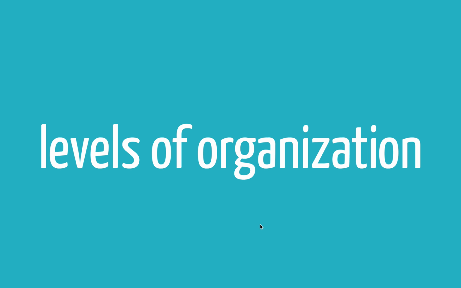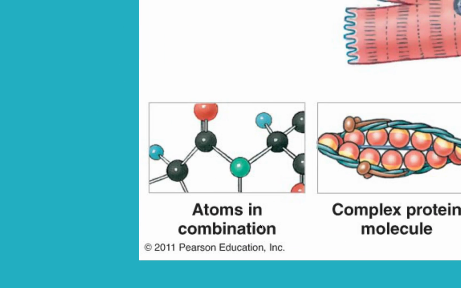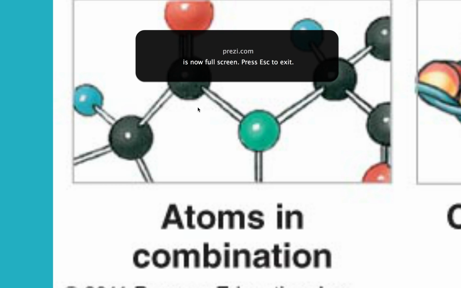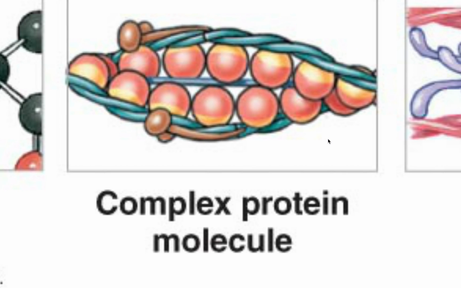All right, next topic is the levels of structural organization. Our body is highly organized, and we can look at different levels. So the smallest level would be looking at the chemical level. And this is showing some atoms, and atoms combine to form molecules. So here's my molecule.